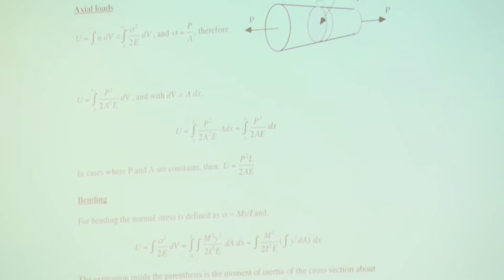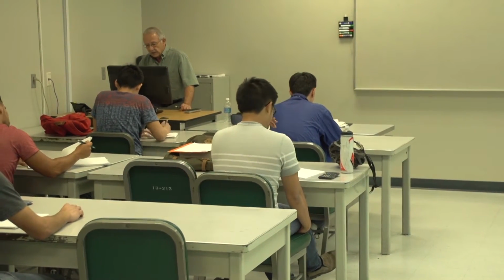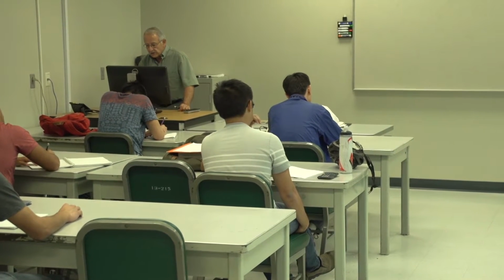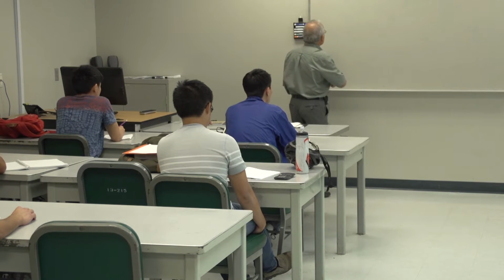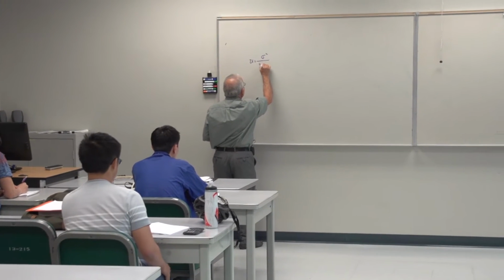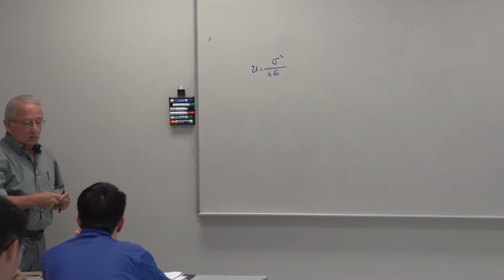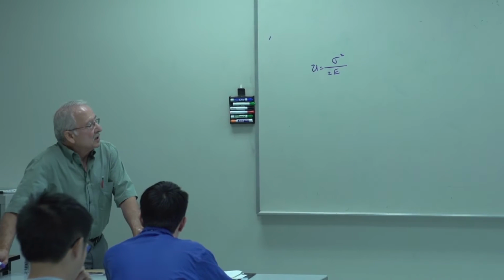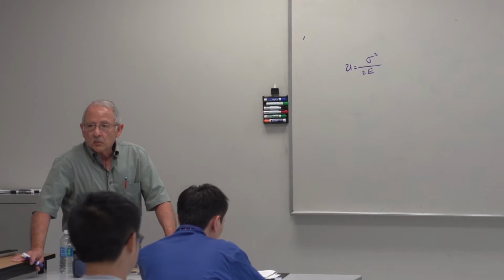Is that correct? Okay. Now we'll take a look at bending. And recall that all of this comes from the strain energy density equation, which for linear elastic behavior, in normal loading, normal stress generated either by axial loads or by bending loads.